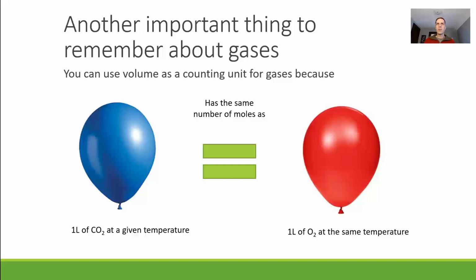So volume can often be used in place of moles when we're talking about gases. I really have to put that caveat on there. Now, if ever you're unsure, just always go to moles. That's always a safe way to do it.